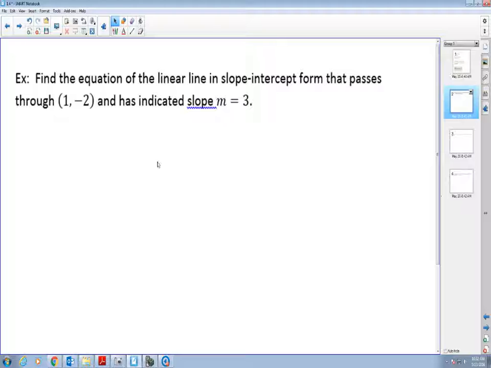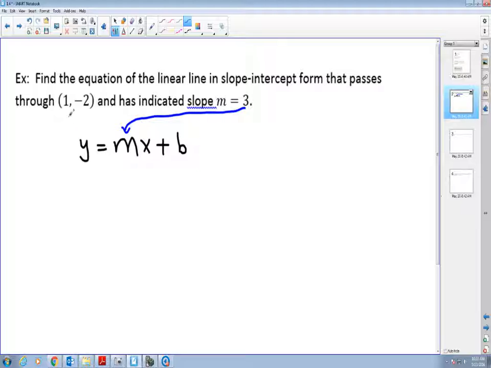Find the equation of the line in slope-intercept form that passes through this point and has the indicated slope m equal to 3. So y equals mx plus b. We will substitute m equal to 3, then substitute 1 for the x, and substitute -2 for the y.